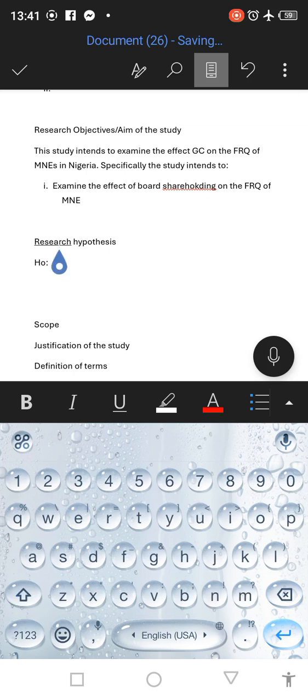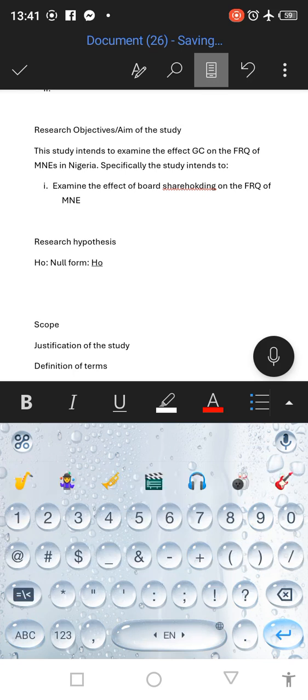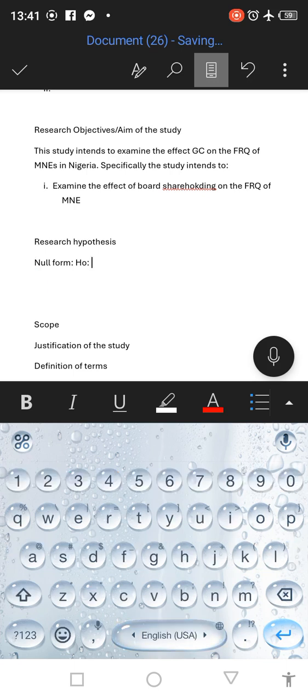In order to change this to a research hypothesis stated in the null form, H0, it is going to be like: there is no significant relationship, or let's say no significant effect.